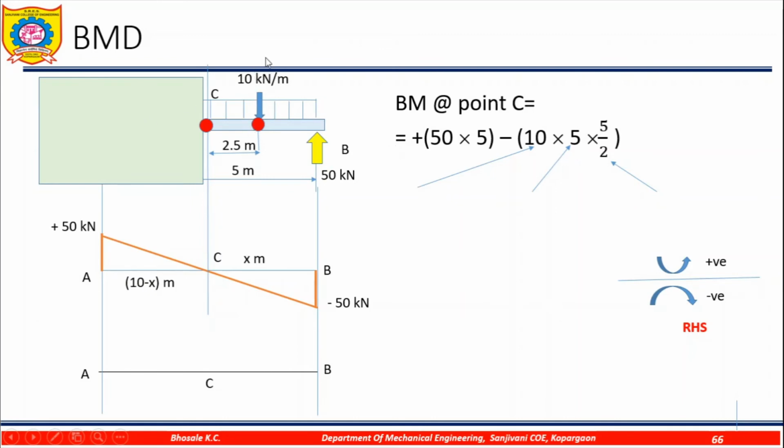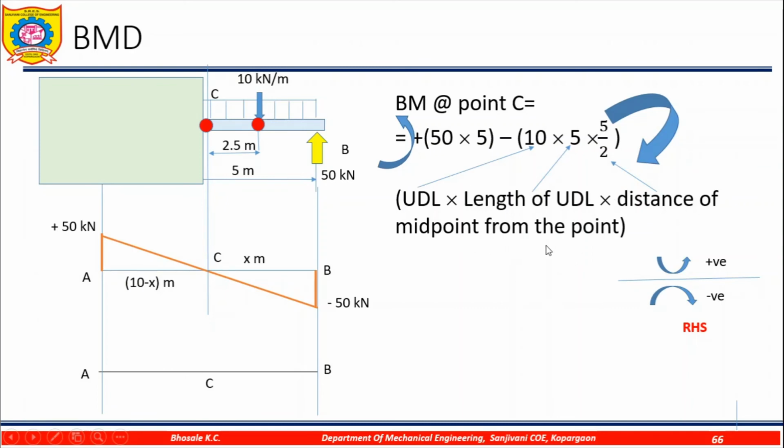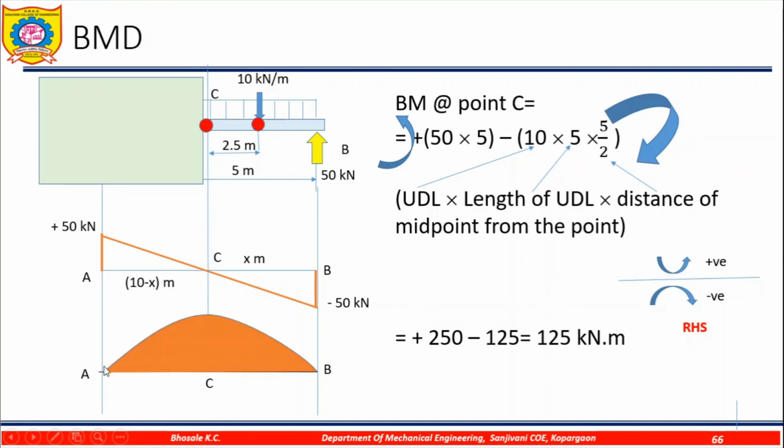Then the UDL will try to rotate the beam in the clockwise direction, so we take the minus sign. 10 is the intensity of the UDL, 5 is the distance between B and C, and then the distance of the midpoint from point C is 2.5 meter. So the value is 125 kilonewton meter. That is plus, and we show it with a parabolic curve. By this method we can find the SFD and BMD for a simply supported beam having UDL on the entire span.